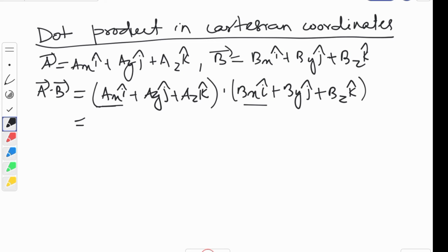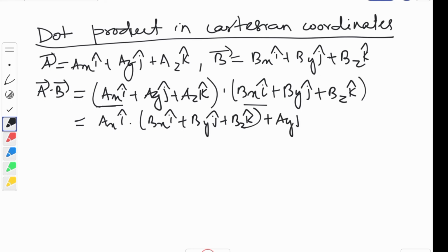So simply, AX I cap with the entire second vector dot BX I cap plus BY j cap plus BZ k cap, plus AY j cap dot BX I cap plus BY j cap plus BZ k cap.